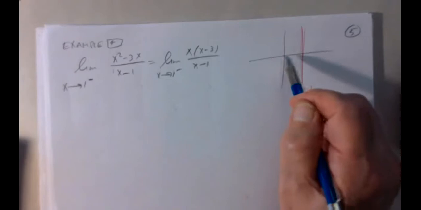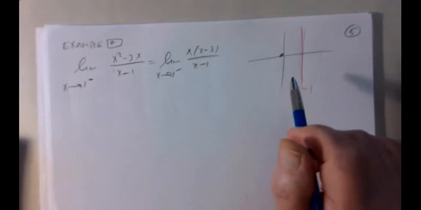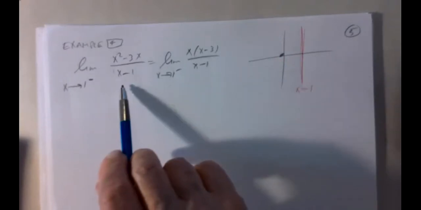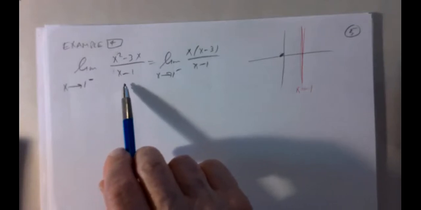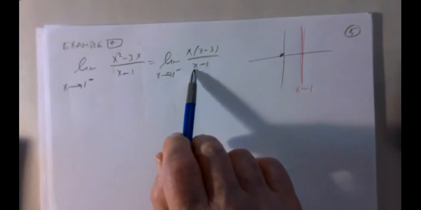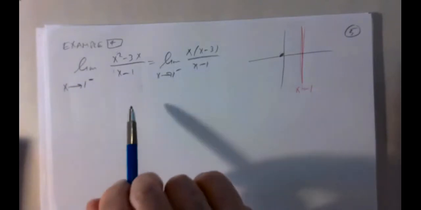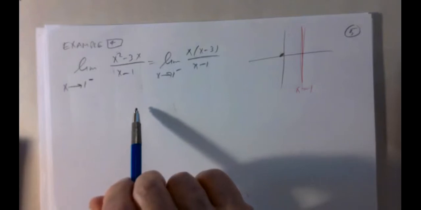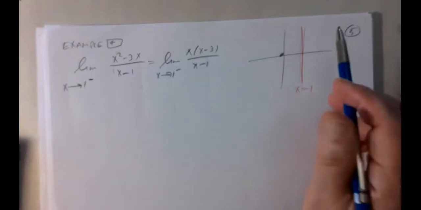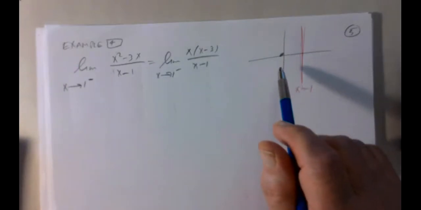When x is equal to 0, the value of the function is 0. When x is bigger than 1, let's see. Let's start with easier.